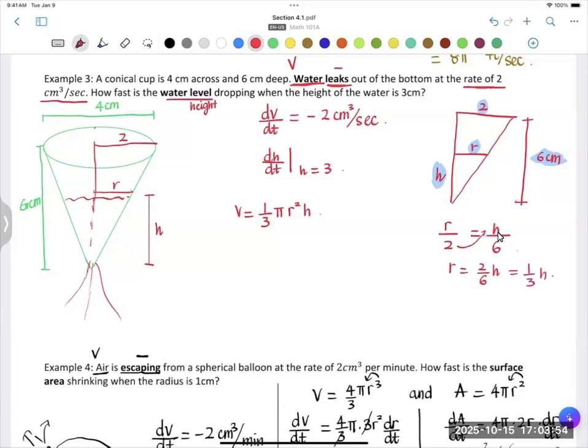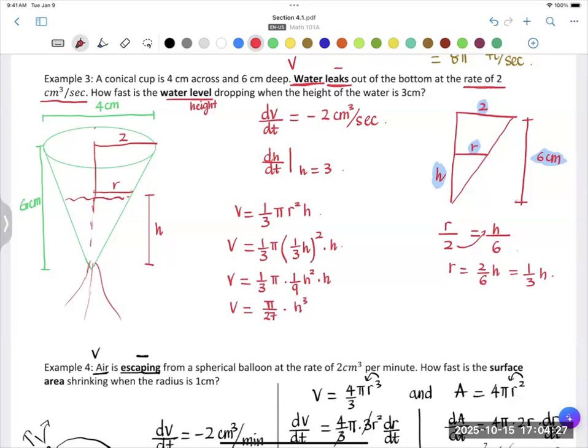So when the radius is 1/3 of the height, I can substitute the radius into the equation, which is 1/3 pi of (1/3 h) squared times the height. So this will give us 1/3 pi of 1/9 h squared times h. Rewriting it one more time, we have the volume is pi over 27 times h cubed.